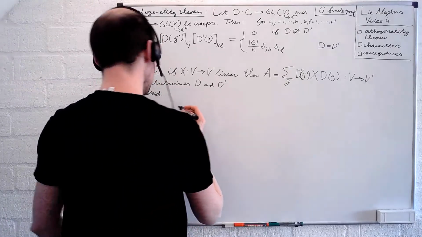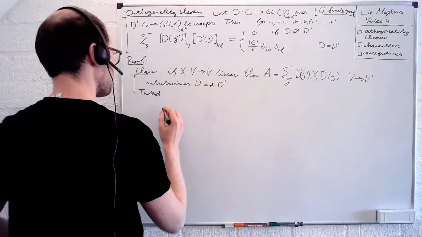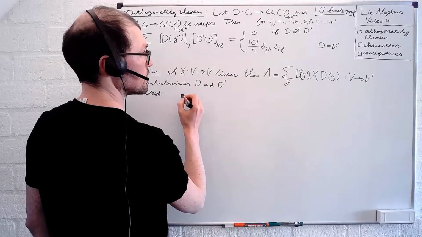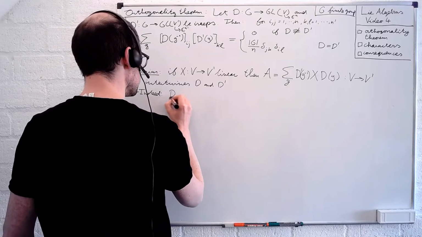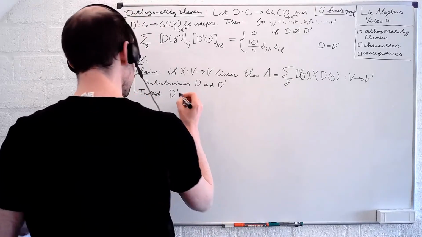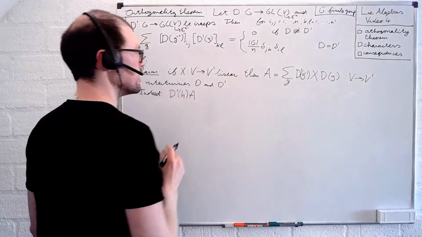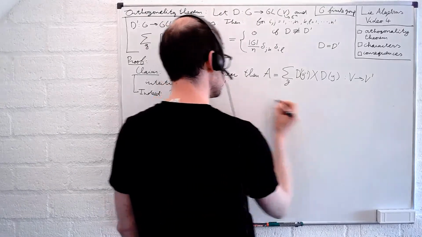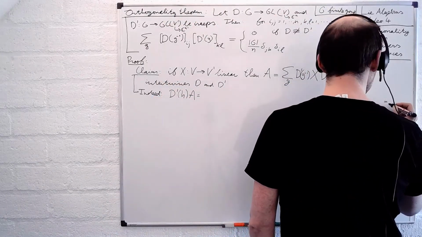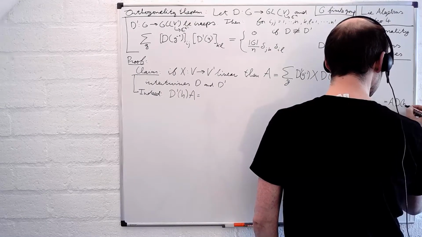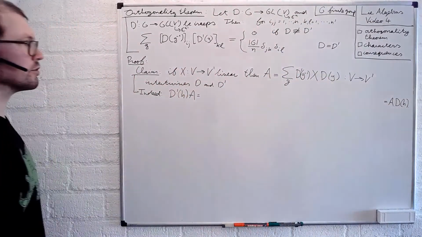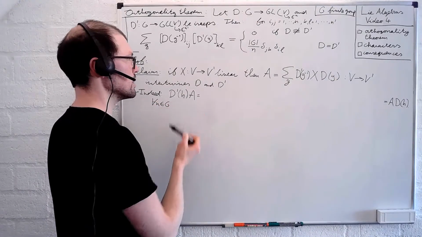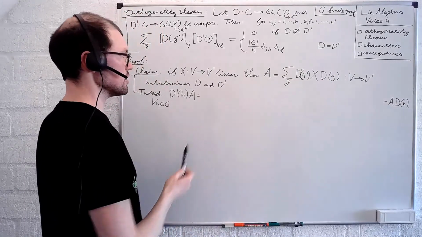So I take D prime of H times A, and I want to show in the end that this is equal to A times D of H. If that is true for every element H in the group, then A indeed intertwines D and D prime.